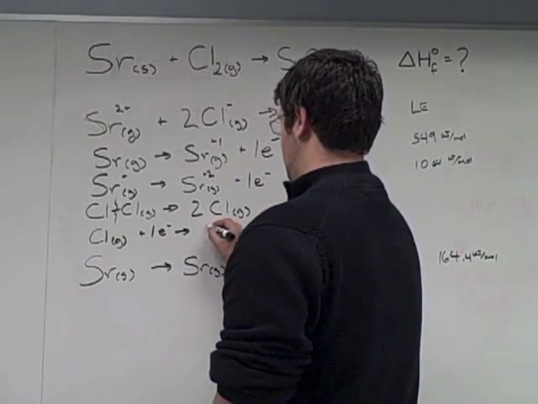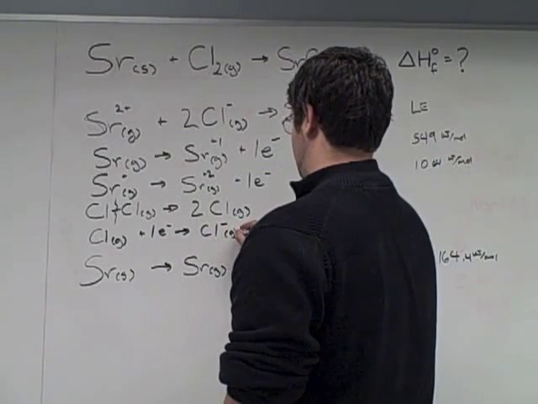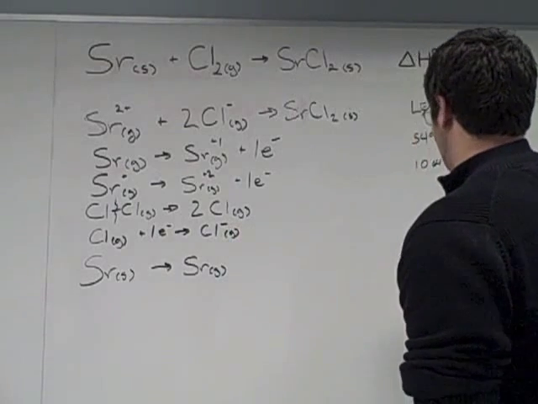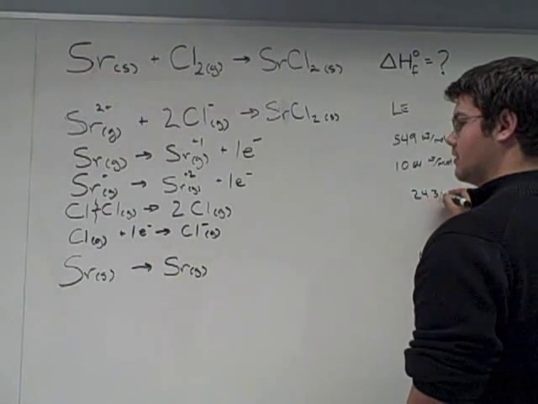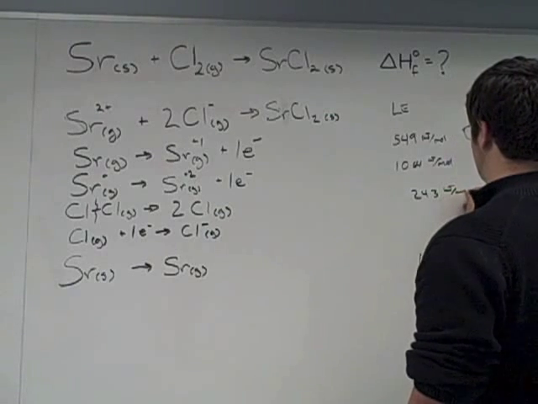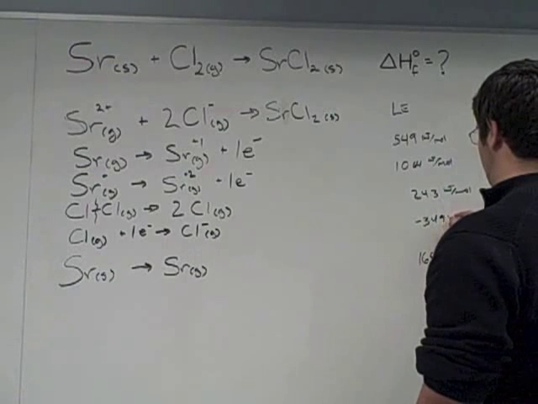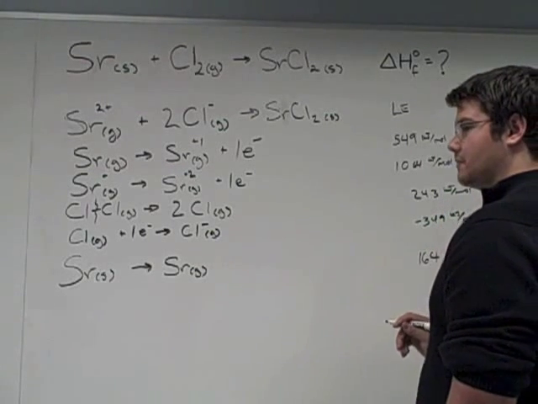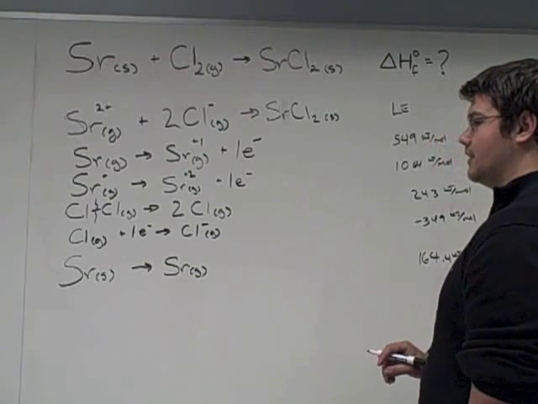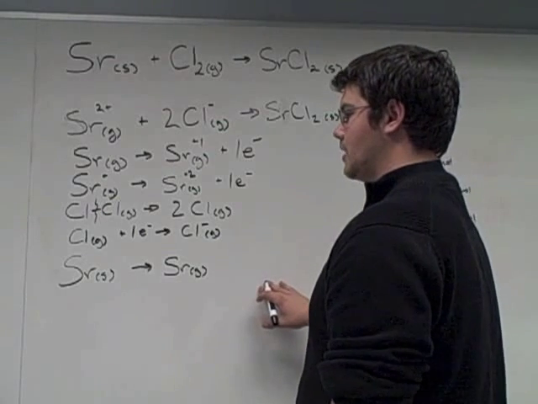So that becomes the chlorine ion in the gaseous state. And these energies are 243 kilojoules per mole and negative 349 kilojoules per mole, respectively.